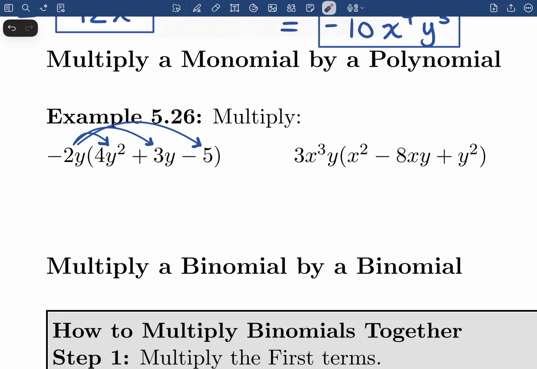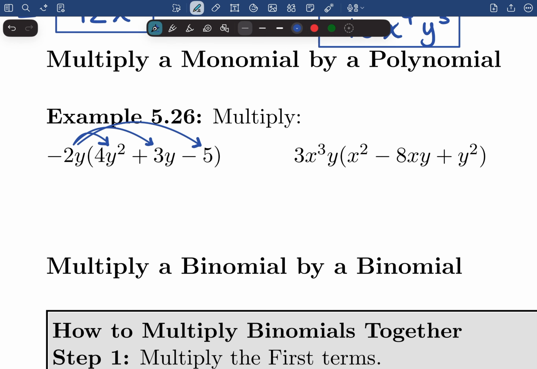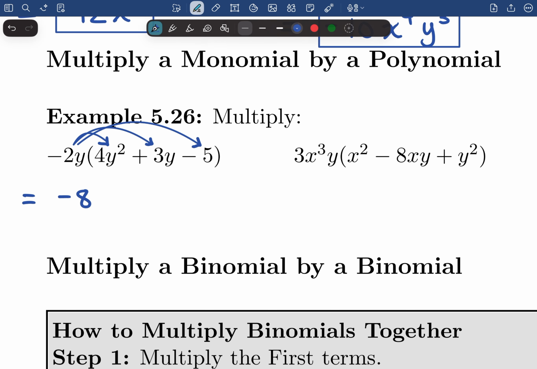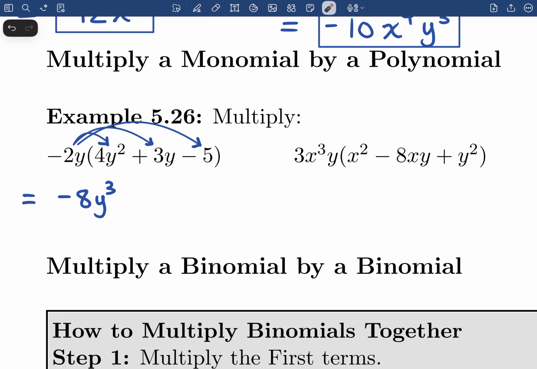And so I'm multiplying negative 2y times 4 to get negative 8, and then y times y squared to give me y cubed. And now I move on to the multiplication of the monomial by the second term of the trinomial. So negative 2y times positive 3y.